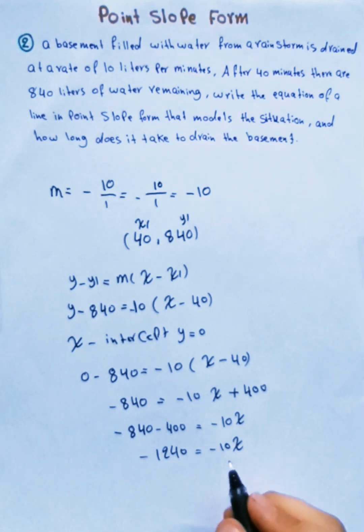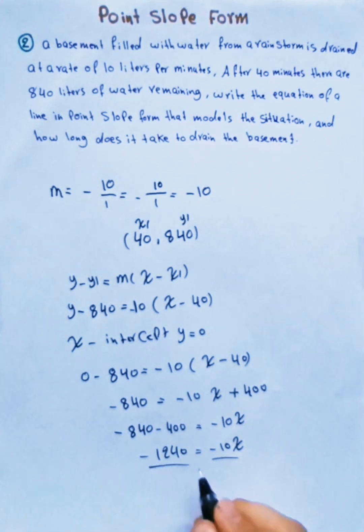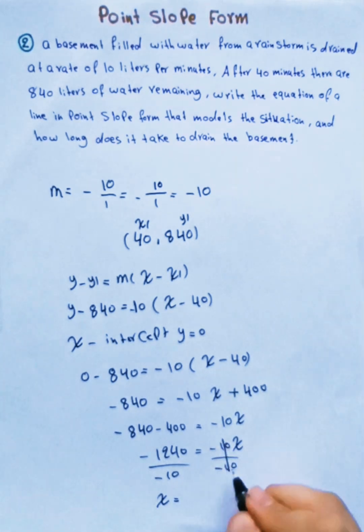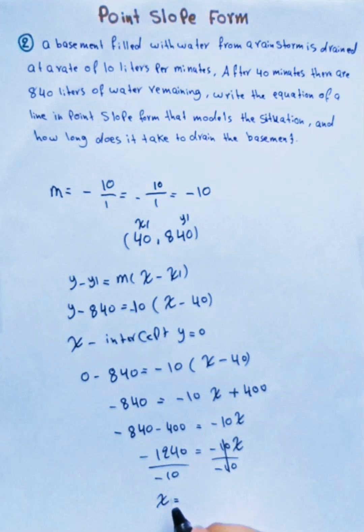So you have to divide both sides by negative 10. So x-intercept equal to, these two negatives cancel, 1240 divided by 10 equal to 124. So it takes 124 minutes.